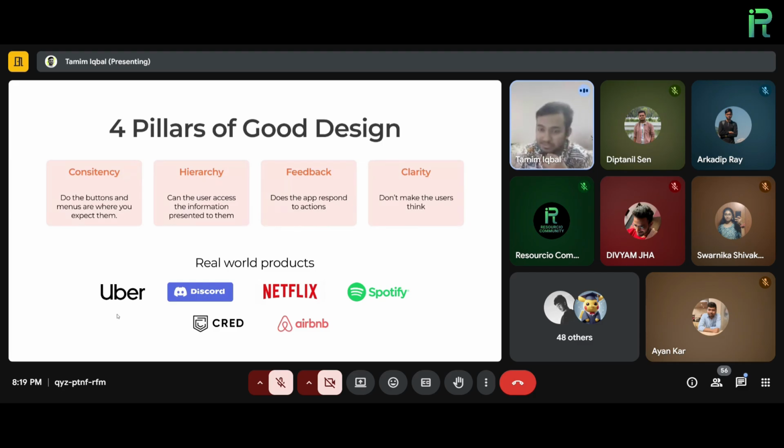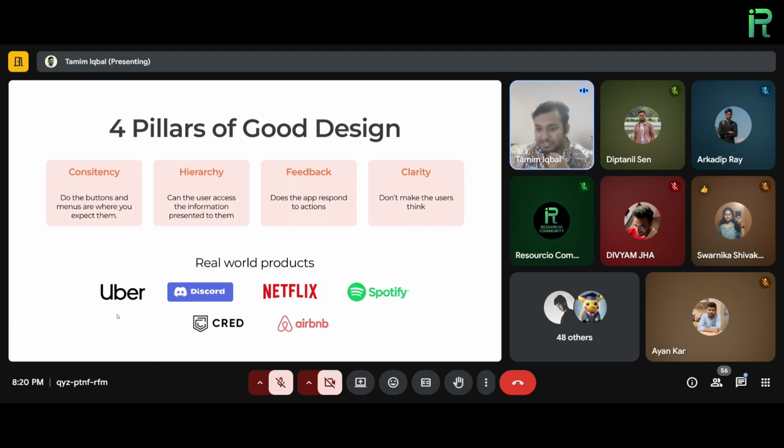The menus and buttons that you design for your app, make sure they are consistent throughout the app. The padding, the style, it shouldn't change. It should be very solid throughout the app.